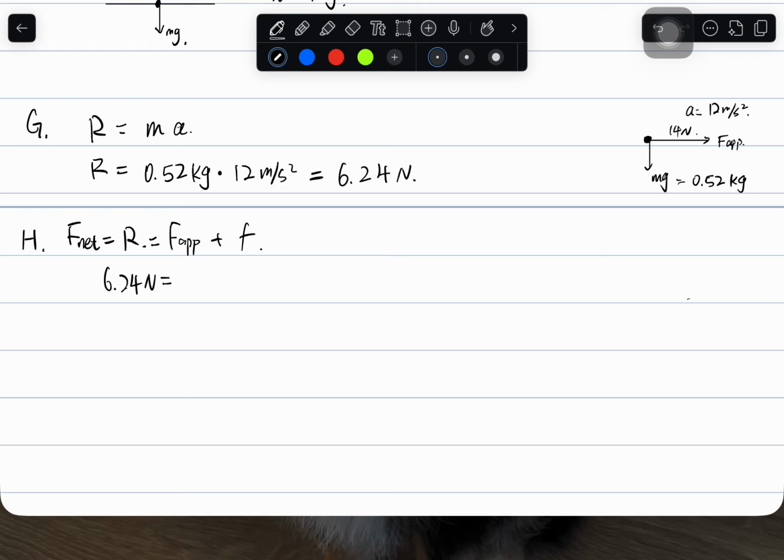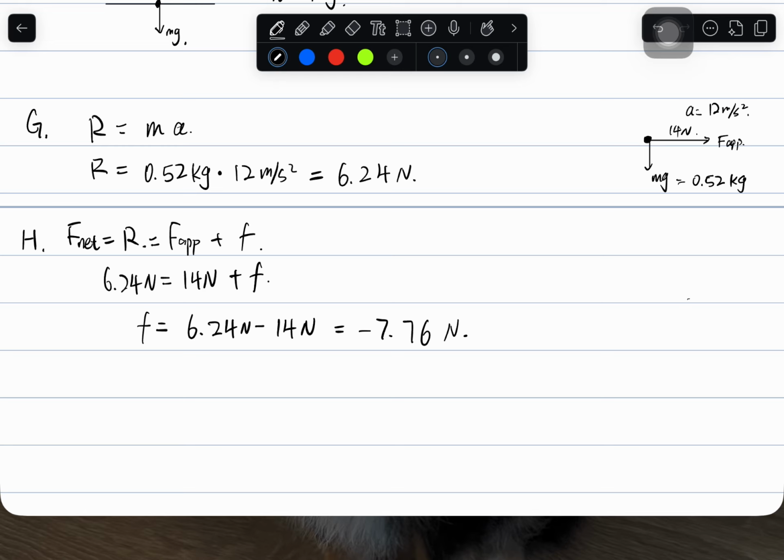We have the net force of 6.24 and the applied force is 14 Newtons plus friction. So friction equals 6.24 Newtons minus 14 Newtons, and that gives us negative 7.76 Newtons.